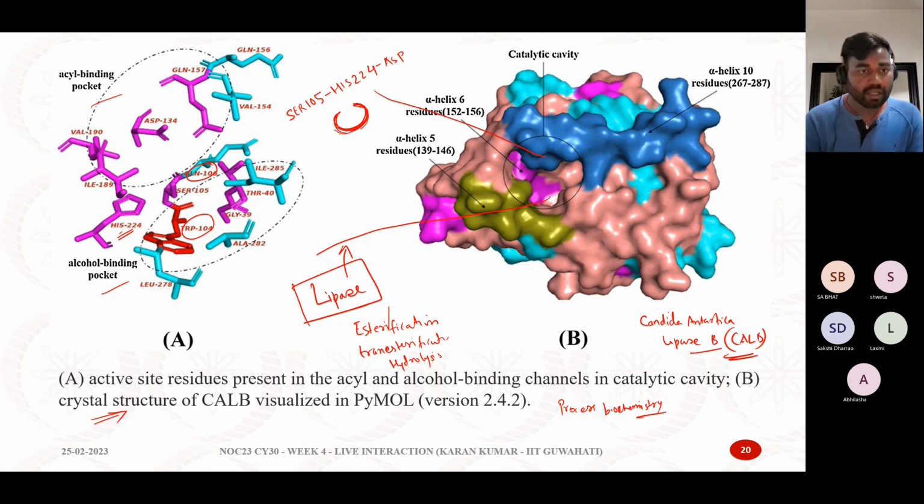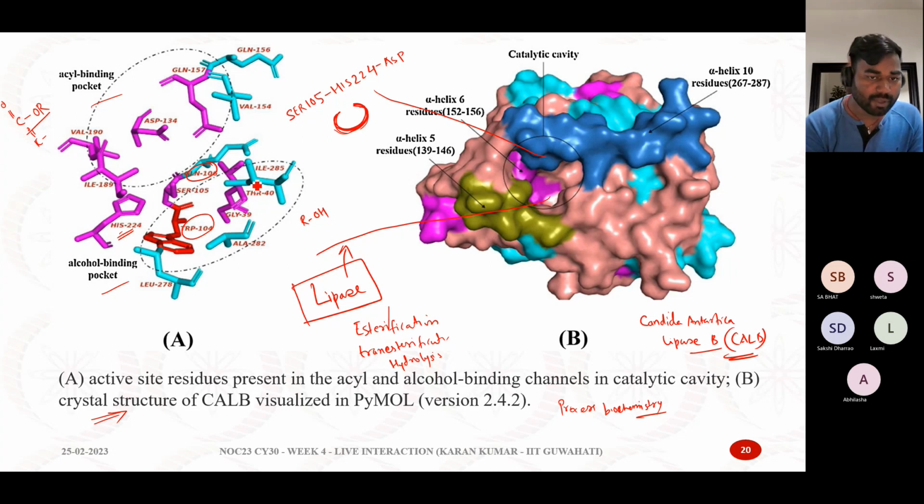In the acyl binding pocket, those molecules which have the COOR, the ester or acid, can bind. Both alcohol and acid bind to this acyl binding pocket. However, alcohol binds to the alcohol binding pocket, which is the ROH.